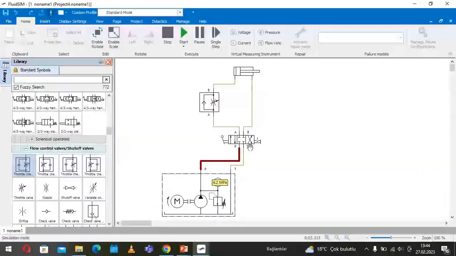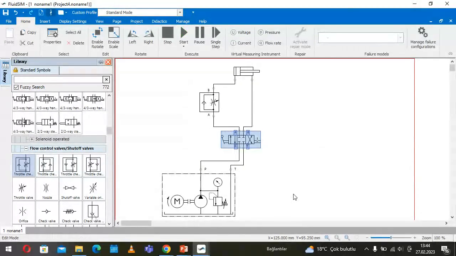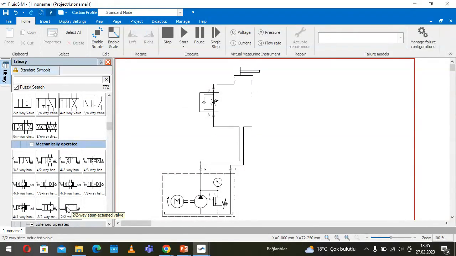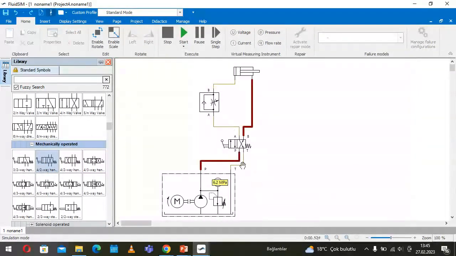Oh, sorry, I will take out this 3-way valve instead of the 4 2-way valve. I will use 4 2-way valve. Okay. So then let's start the simulation.